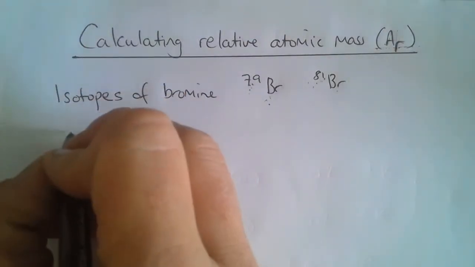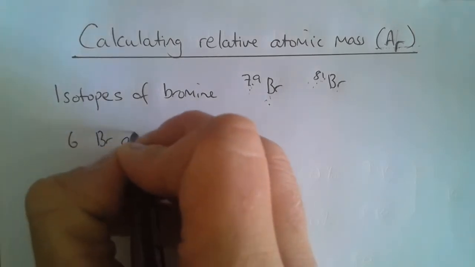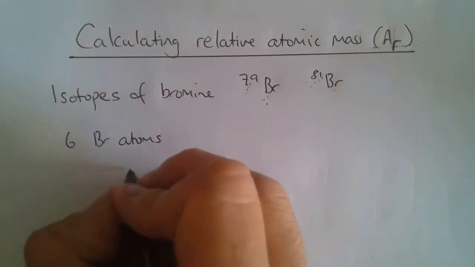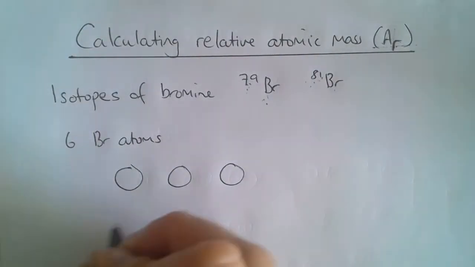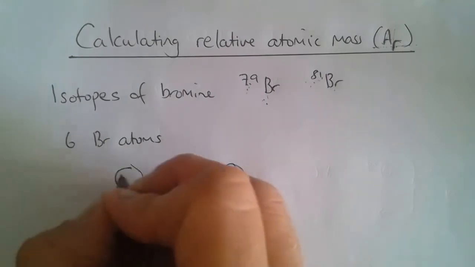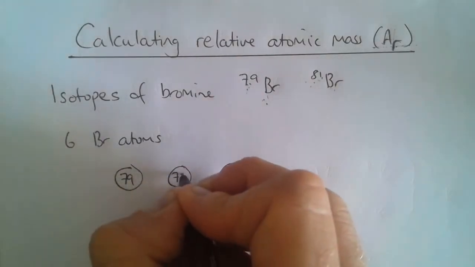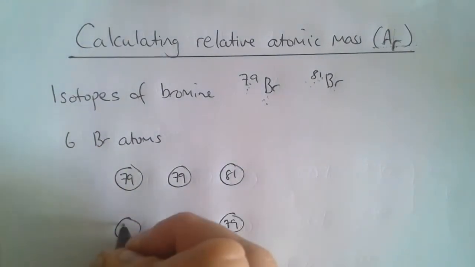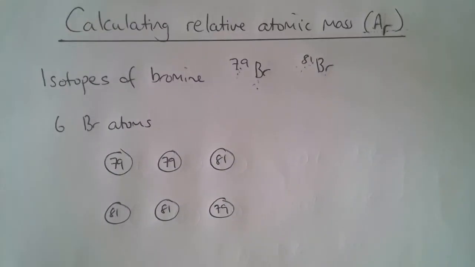So they're the same, they just have a different mass. Now, if I were to take a sample of bromine and pick 6 atoms out at random, then at random, 3 of them would likely have a mass of 79, and the other 3 would have a mass of 81.